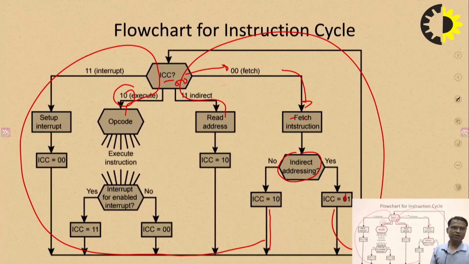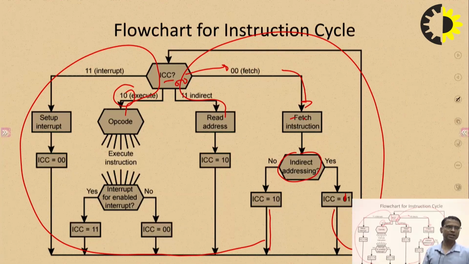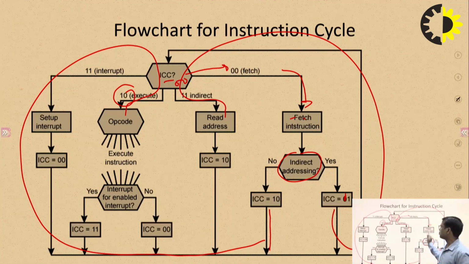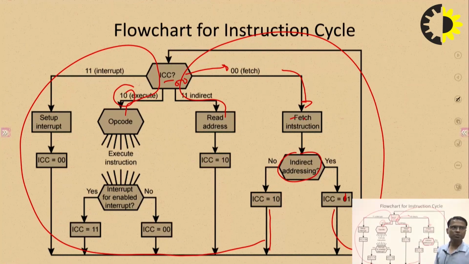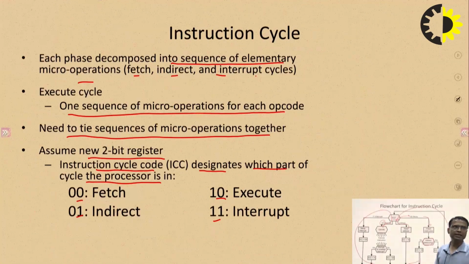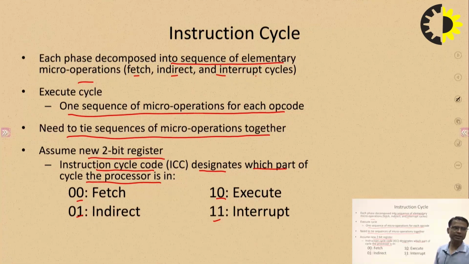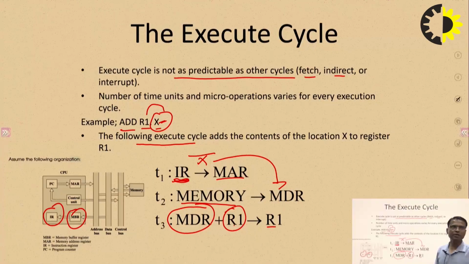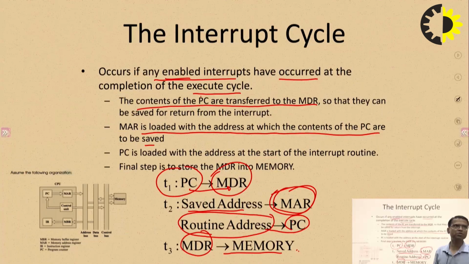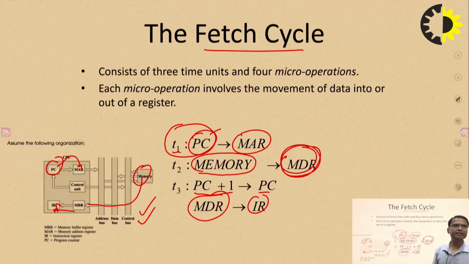Fine. So dear students, before we finish, we can think about how the instructions are executed through microoperations. This flow chart shows how various microoperations are clubbed together within the control unit through the ICC. The ICC has 2 bits and can control the various cycles, and we have seen all the cycles with respect to the times T1, T2 and T3: execute cycle, interrupt cycle, indirect cycle, and the fetch cycle.